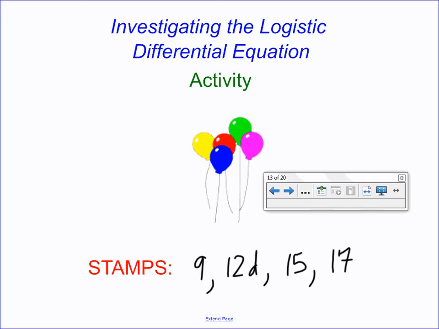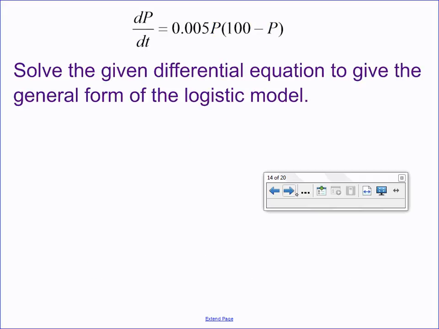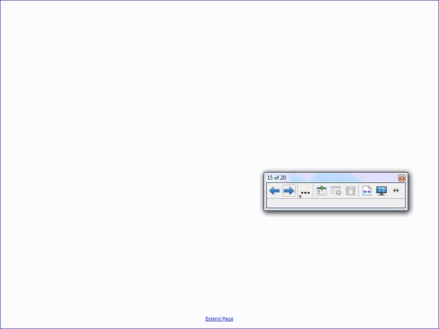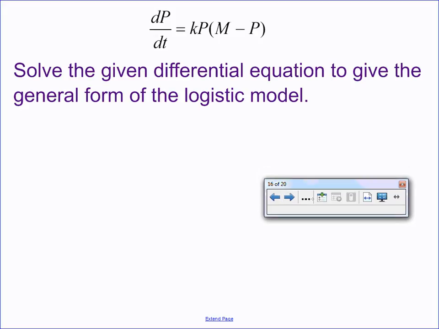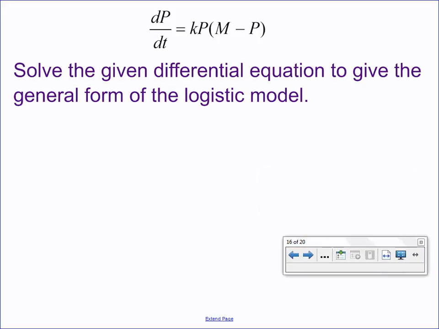Okay, ladies and gentlemen, let's go ahead and take a look then at our general form for the solution to a logistic differential equation. And so we saw that if we had the rate of change in my population was directly proportional to the population itself and the difference between the population and that limiting value, that carrying capacity m, then we could get the general solution by solving for p, and we had to utilize the technique of partial fractions.